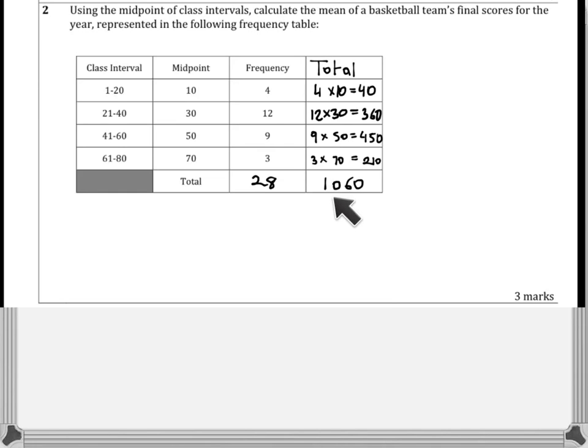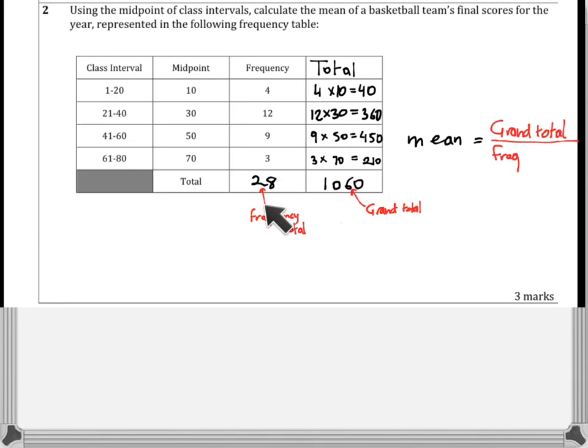So the grand total we have here is the sum of all the values, and then the mean, the average value, is we take this grand total and then we're going to divide by the frequency total, and that will give you a mean of, there it is, there's our division we have to do, and we get a mean of 37.9.